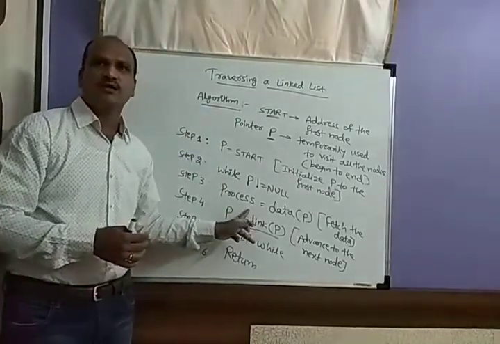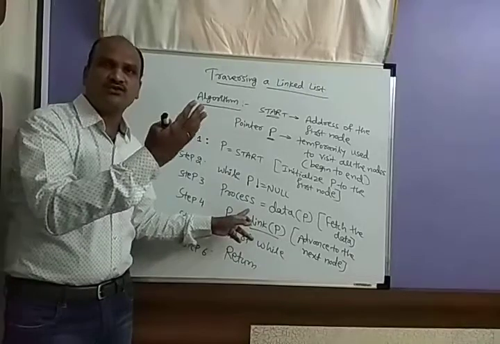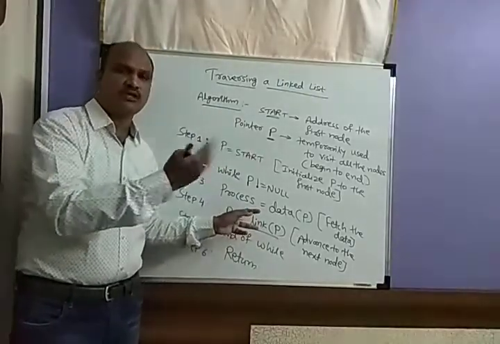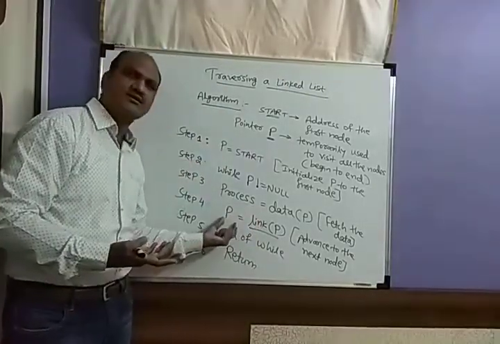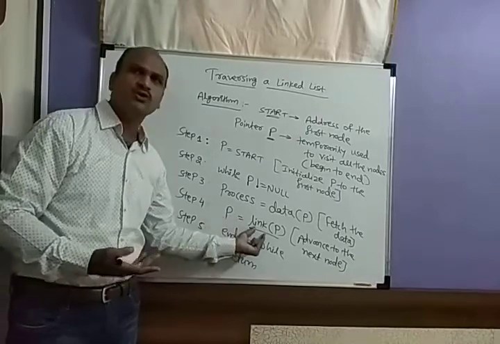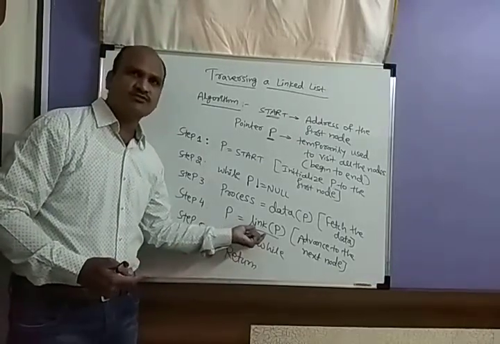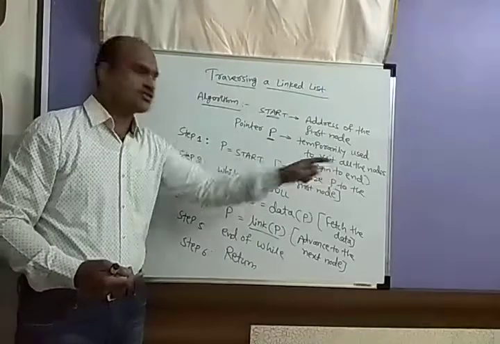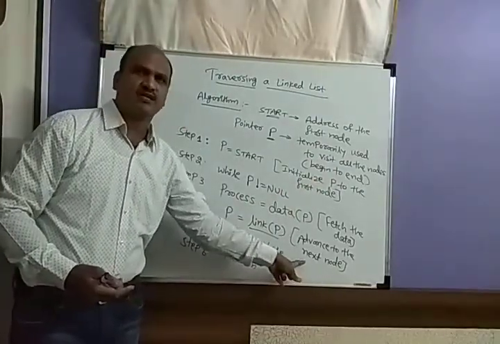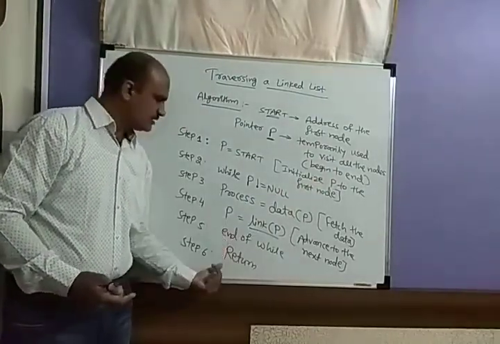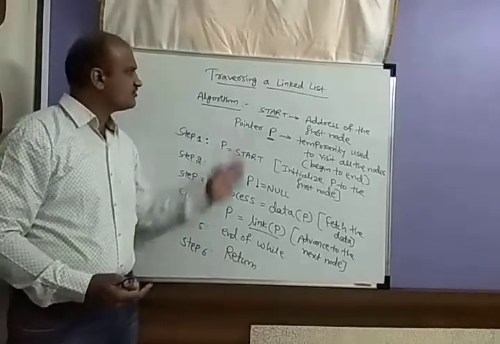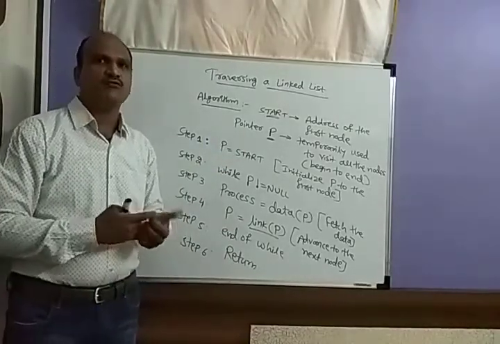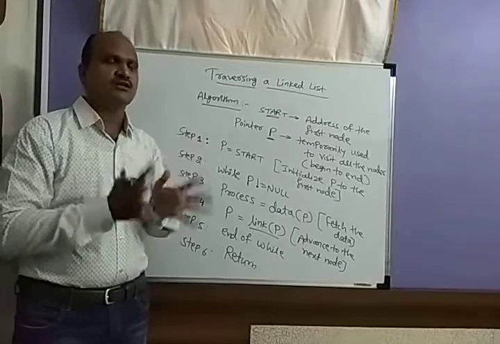And the third step we discussed: advance the pointer to the next node. So that is the link. P is equal to link of P, because link is a pointer which connects to the next node. That is, advance to the next node, then end of while, then return.